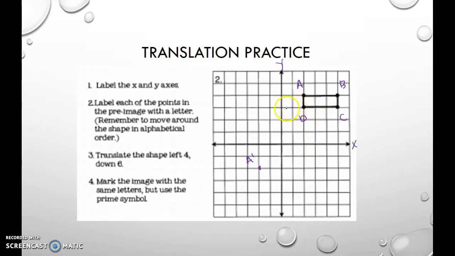D is going to be left, whoops, I went a little too far. Left 4, 1, 2, 3, 4, and down 1, 2, 3, 4, 5, 6. And we continue left 1, 2, 3, 4, and down 1, 2, 3, 4, 5, 6.